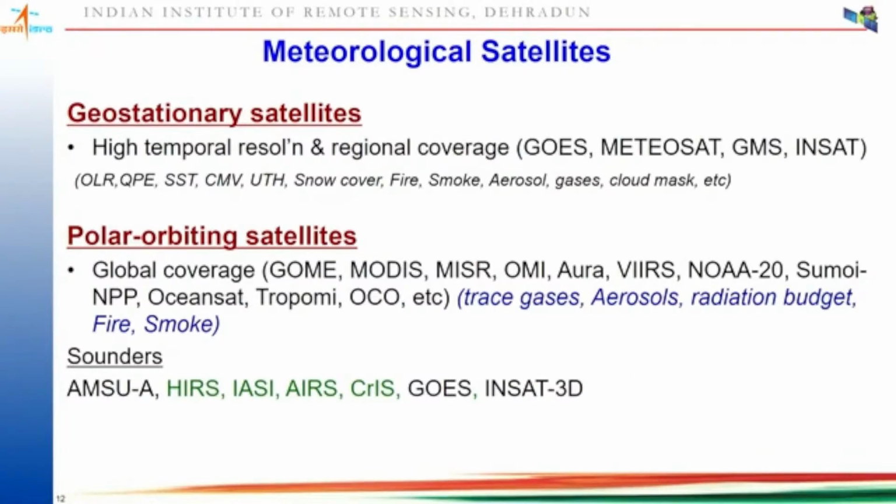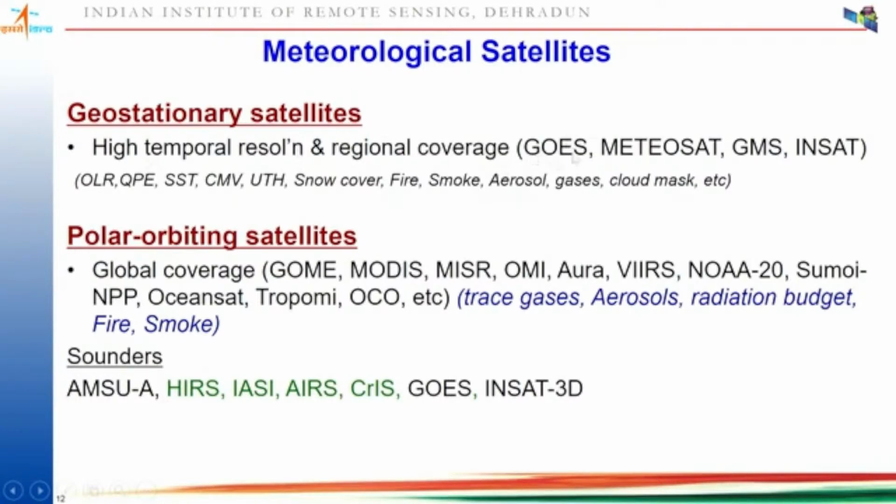Now, talking about the satellites. As you know, satellites are classified differently: geostationary satellites or polar orbiting satellites. On these platforms, there are some meteorological satellites dedicated only to studying meteorological processes. The geostationary platform offers high temporal resolution.